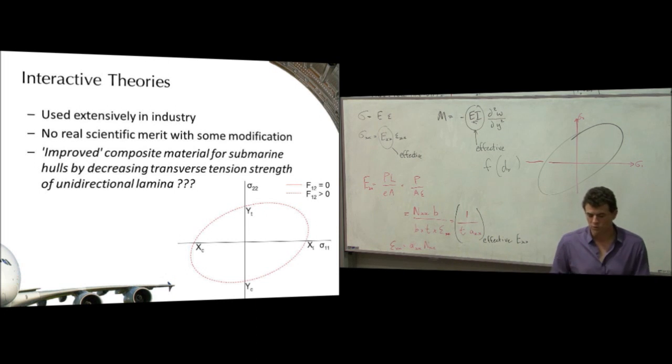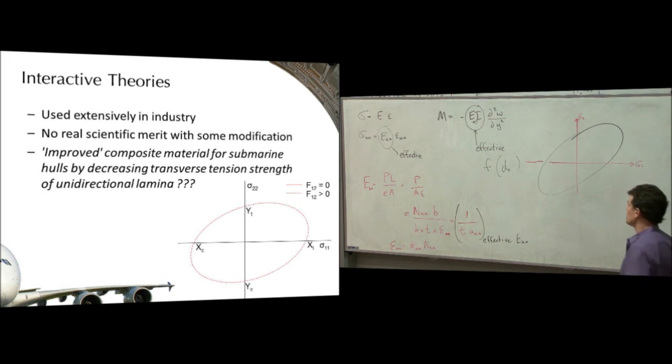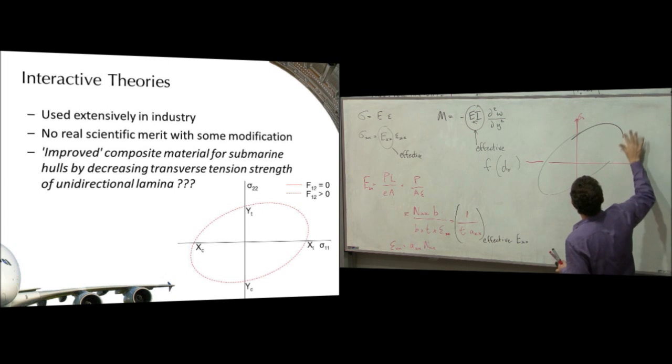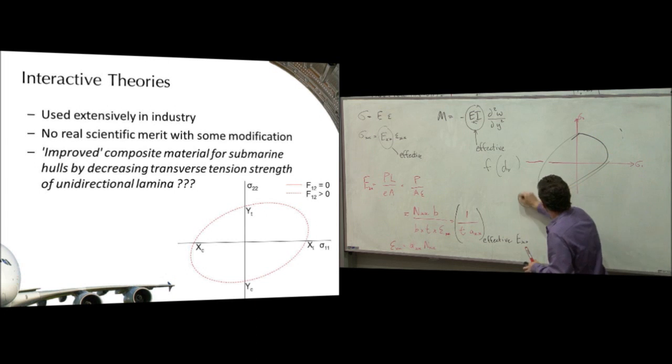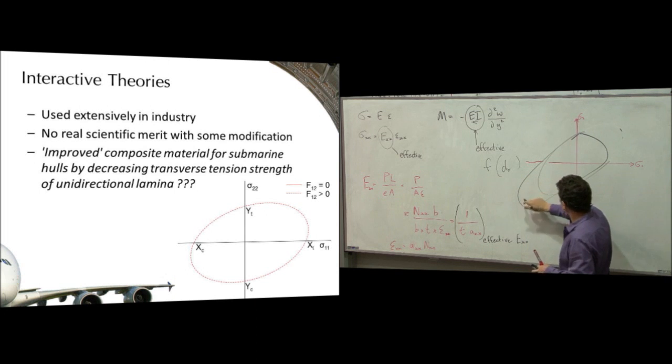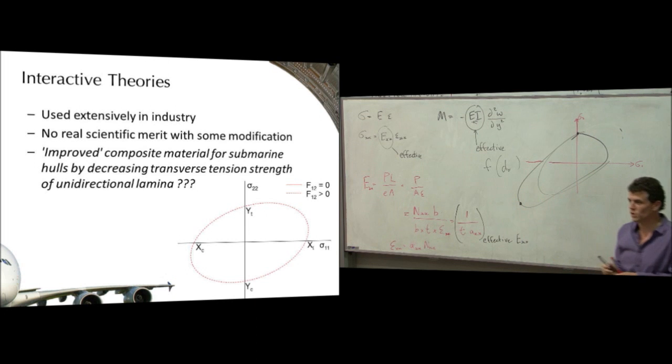So he wrote a paper called Improved Material for Submarine Hulls by Decreasing the Tension Strength, just to show that it's kind of rubbish to say that if you push this ellipse around a little bit, if you weaken this, you can strengthen this, which is nonsense.